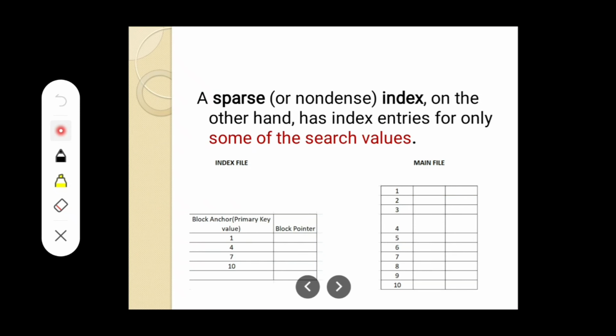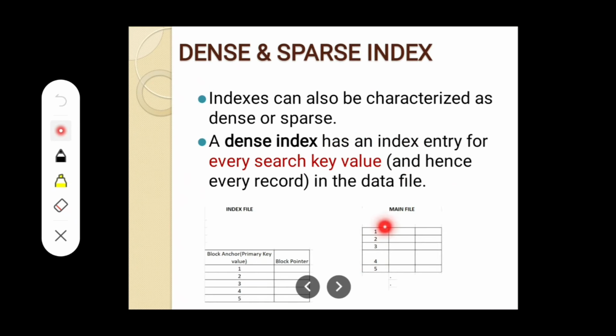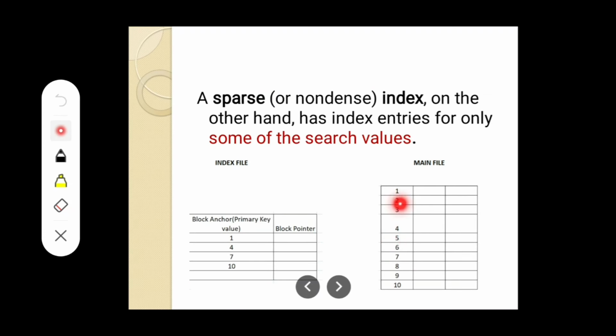Okay, here 1 is there, 2 is not there, 3 is not there, 4 is there. 5 is not there, 6 is not there, but 7 is there, 8, 9 is missing, 10 is there. Okay, so this is the concept, sparse index and dense index. Dense index means all the search key values in the main file will be available in the index file. Okay, but in sparse index only a few search key values in the main file will be available in the index file. Clear?